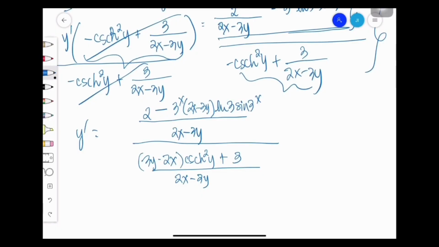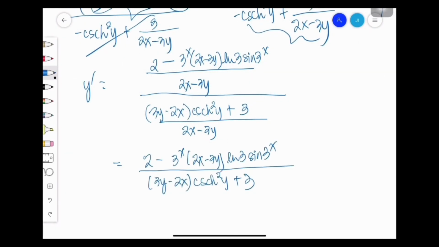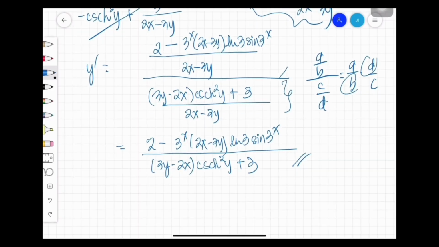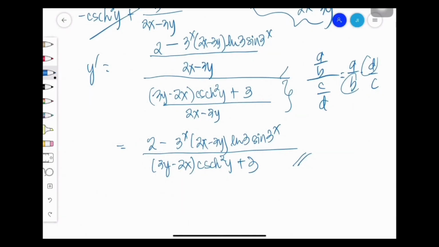Then this complex fraction will be reduced to, so how did that happen? Reciprocate this, turn this fraction into a product. So you know how to simplify a over b over c over d. That's just a over b times d over c. Apparently, these two are the same, so they canceled out. Okay? So please verify that. This is dy dx. Can you simplify this further? I guess we're okay with this.